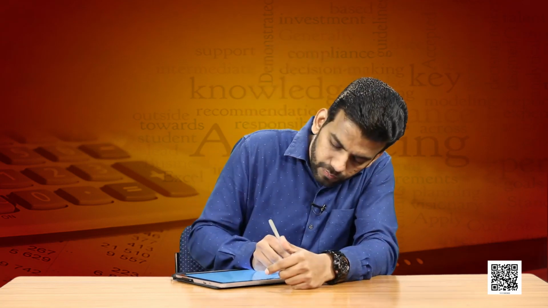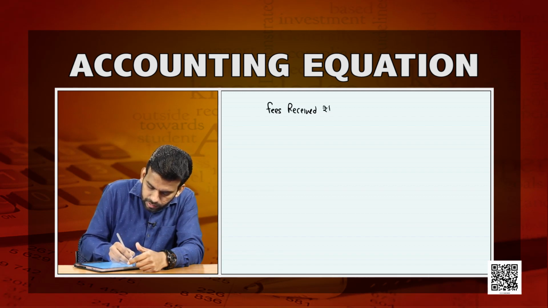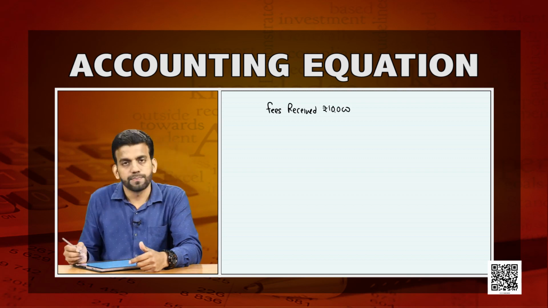Now, let us start with incomes. Students, as a tutor, as a teacher, my main source of income is fees. When I receive fees, it makes a very simple entry like this. Fees received rupees 10,000.